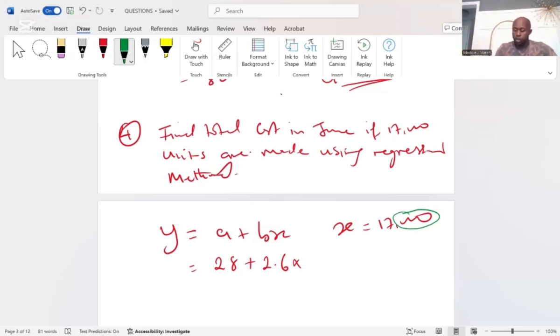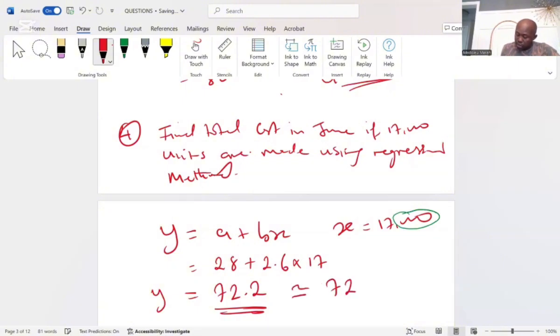So now bx: b is 2.6 and x is 17. Therefore y is equal to 72.2. Remember, we are working in 1,000, so it's 72,200. If you work in full without the 1,000, you will get 72,700. But because we skipped 3 zeros while working, our answer is 72.2.